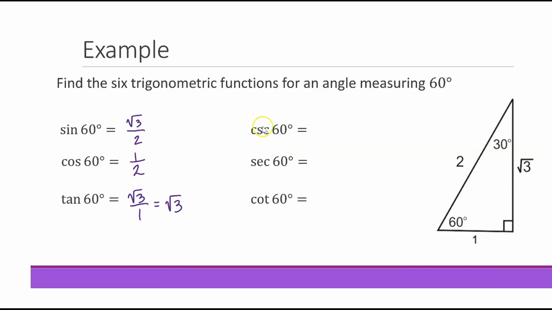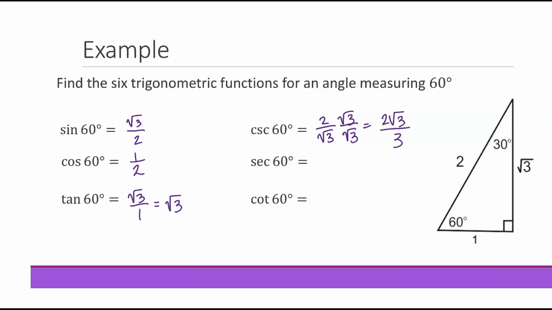And then now, to find cosecant, secant, and cotangent, we can simply take the reciprocals of these values we just found on the left. So we have radical 3 over 2. So that's going to give me 2 over radical 3. We've just created a radical on the bottom situation, so we want to multiply the top and bottom by rad 3 to rationalize.